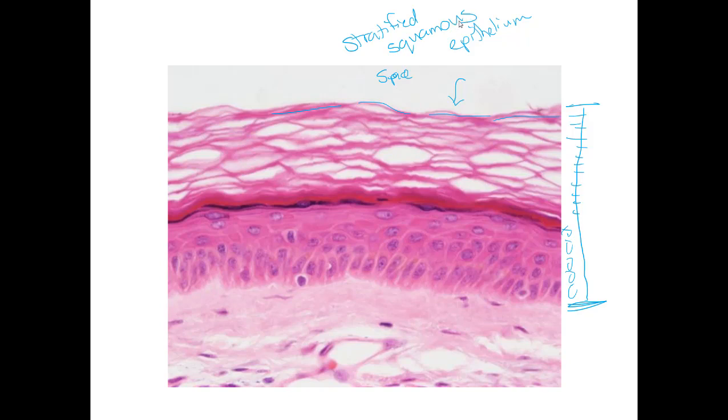My next question is, are these living or dead cells, looking at the top layers? Yeah, they're dead. You don't see any living cells whatsoever. There's no nuclei up here. So this is going to be the keratinized stratified squamous epithelium. Good.